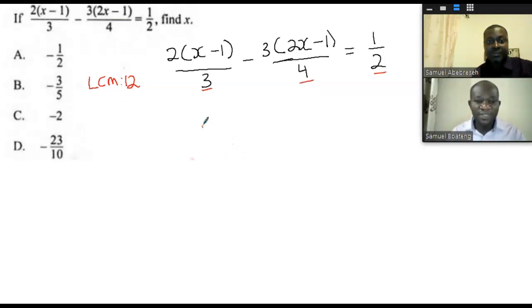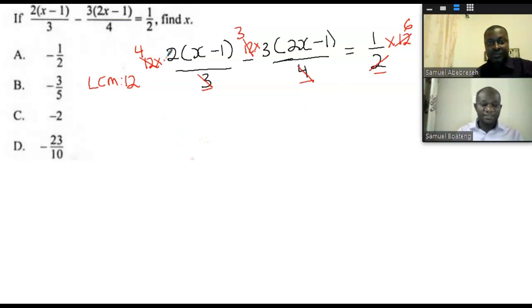So we multiply each term by 12. 3 will go into 12 4 times, 4 will go into 12 3 times, and 2 will go into 12 6 times.